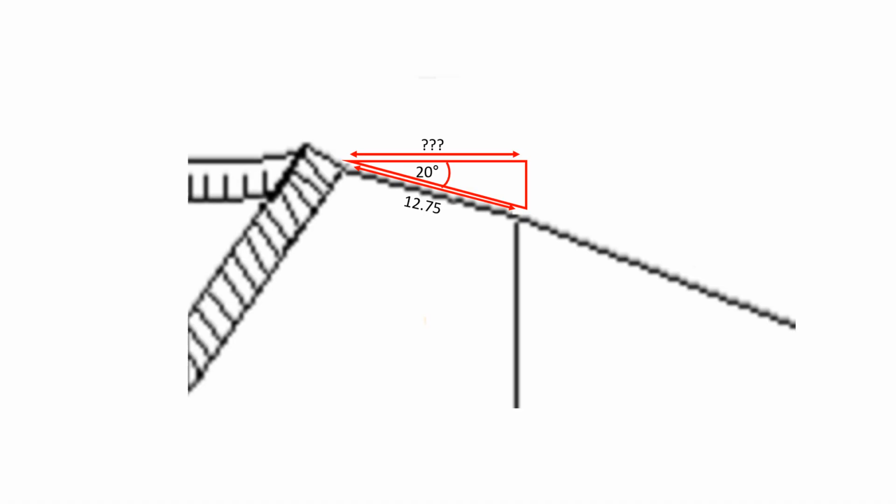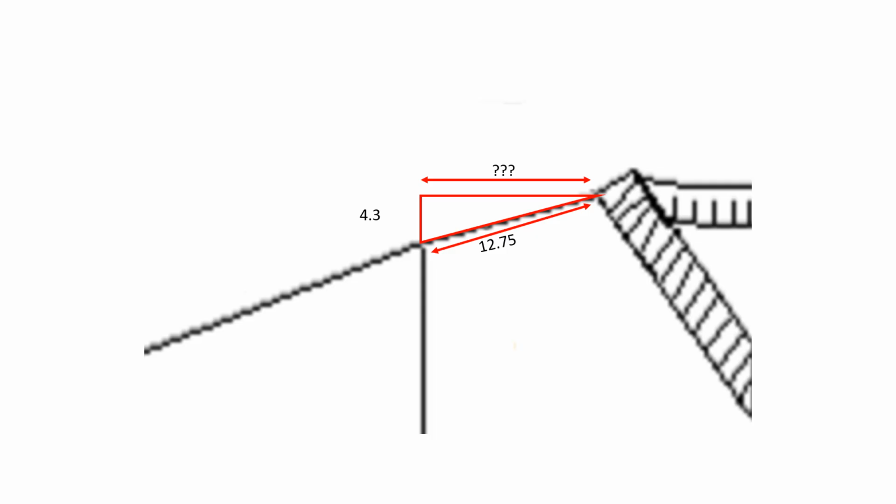If the shoulder slope measurement is 12.75 centimeters and shoulder slope is 20 degrees, the shoulder width at HPS would be 12.75 multiplied by the cos value of 20 degrees, which is 0.939693, resulting in 11.98 or 12 centimeters.